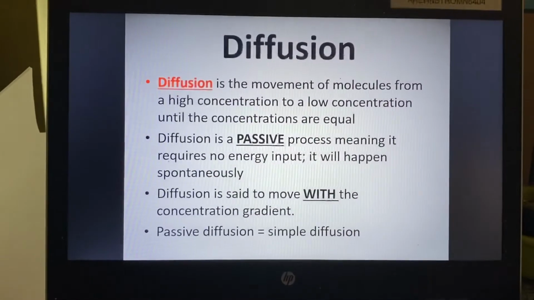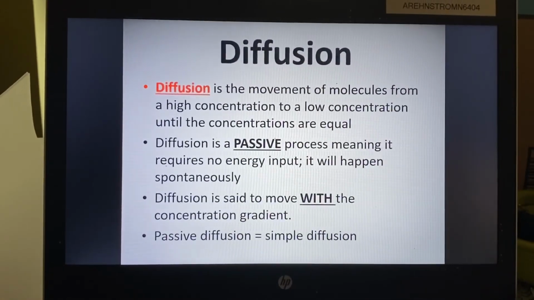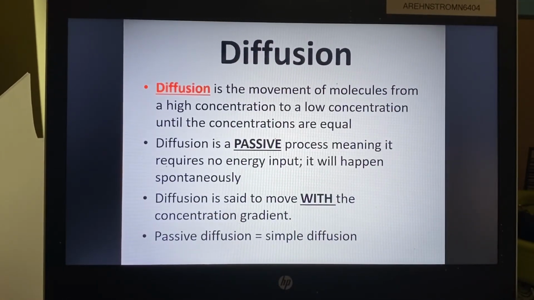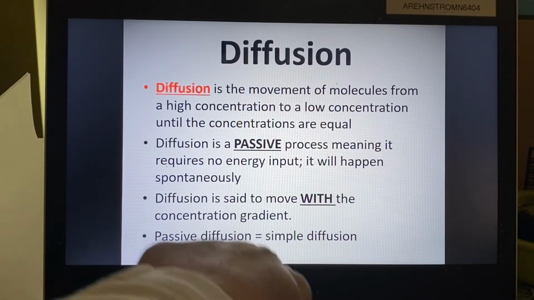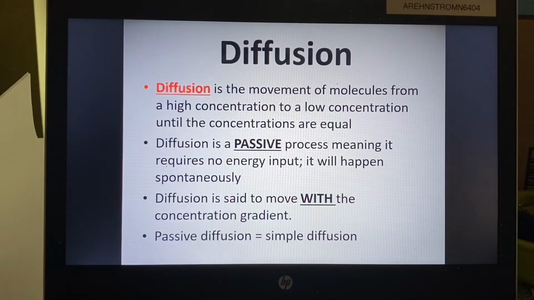So that's what we mean by going with a concentration gradient. When you go through your reading, you may also see the terms passive diffusion and simple diffusion. It all means the same thing. It's basically diffusion. Any molecule that's going from a high concentration to a low concentration until it's equal, that is diffusion.